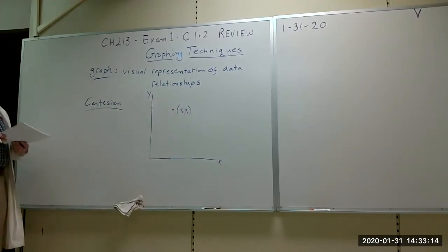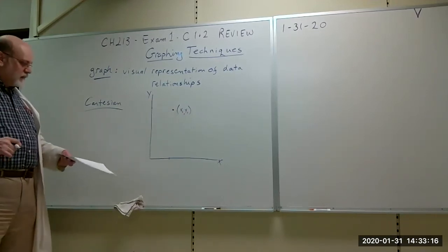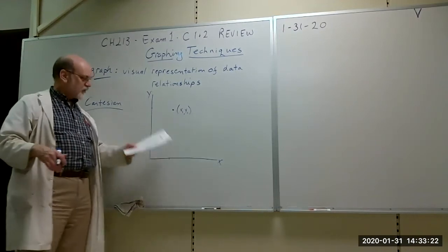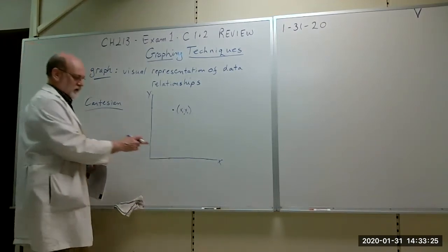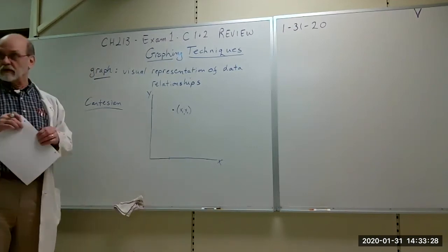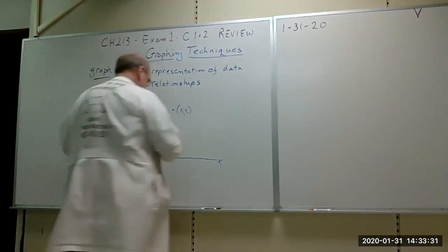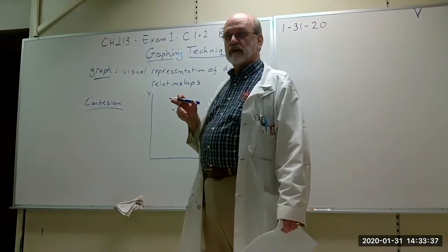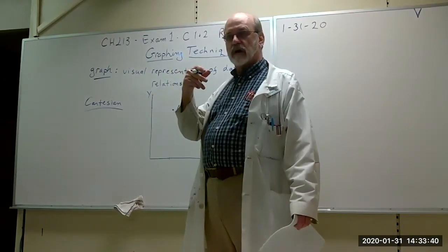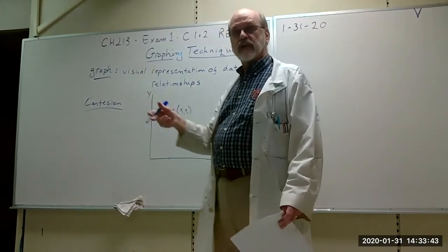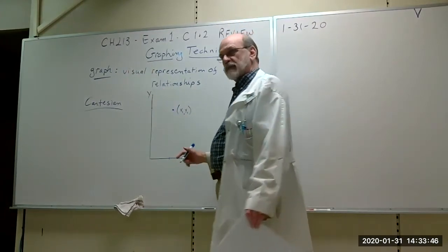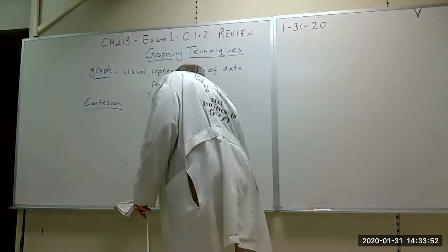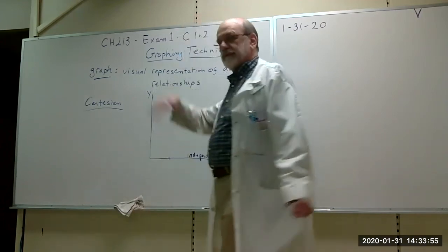Now, in science, we usually restrict the use of the abscissa and the ordinate to variables. What do we mean by variables? In any experiment, the scientist usually controls one variable and then measures another variable's response to the change that he or she made in the first variable. So this is the independent variable, which means you can make it whatever you want.